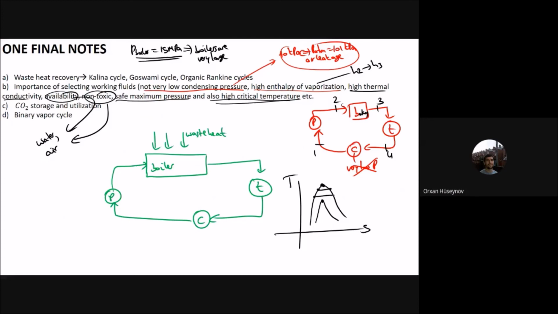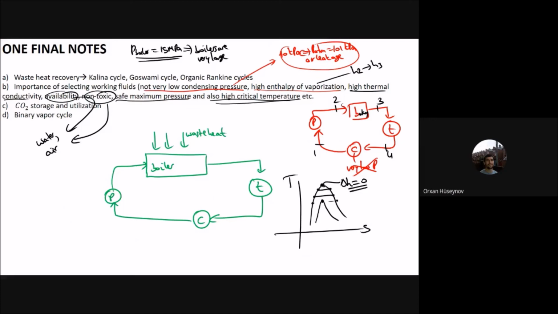Here you have this amount of phase change, and here you have this amount. So when you get closer to this point, that delta H, the enthalpy change, is 0. So for example inside the boiler, the enthalpy doesn't change. And this is not good, because you cannot use the energy inside the turbine, as there is no energy that you are able to use.